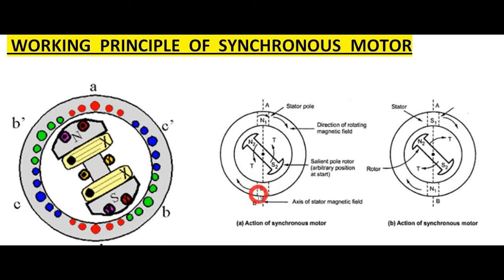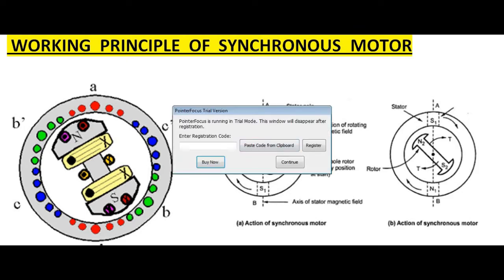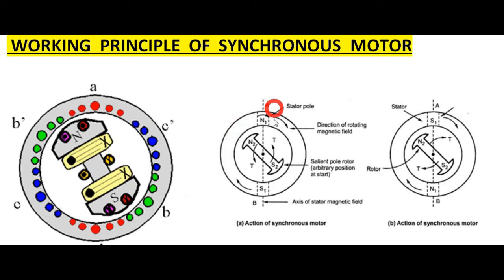This is subject to the stator winding, and this is the rotor, and this is N2 and S2, which is subject to the rotor. Coming to the point, consider an instant when the two stator poles are at the positions A and B respectively, and this is the figure.